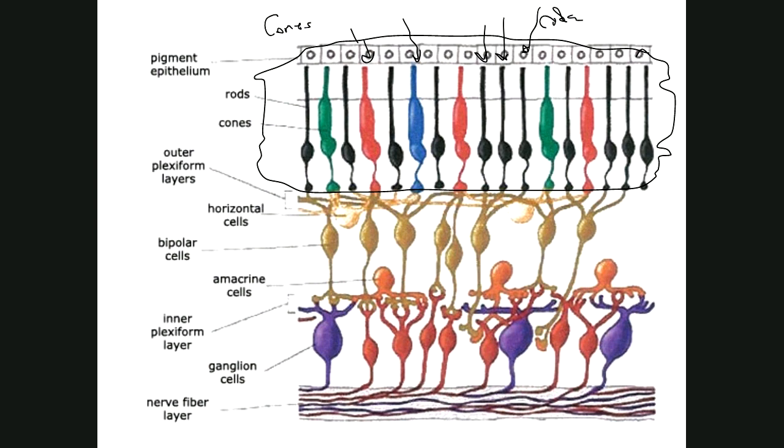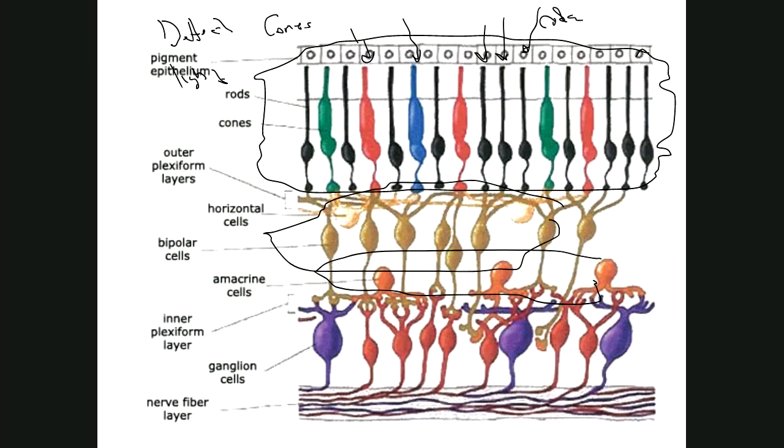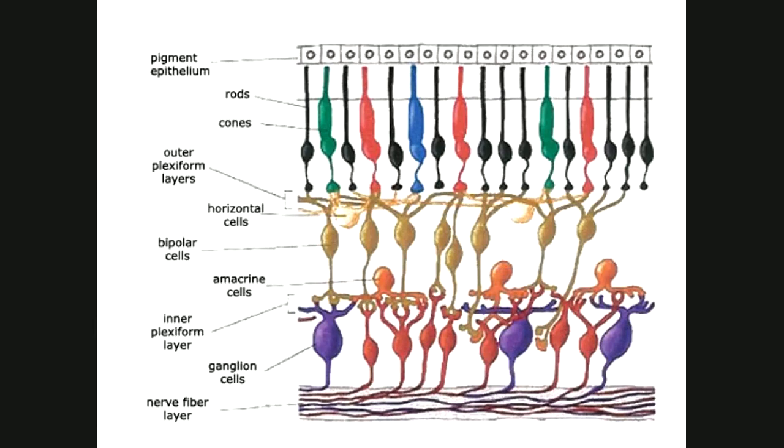These detect light. But they're not the only kind of nerve cells that are in here. These are also nerve cells. And these are nerve cells. And these are nerve cells. Well, light actually passes this way to get to these photoreceptors.